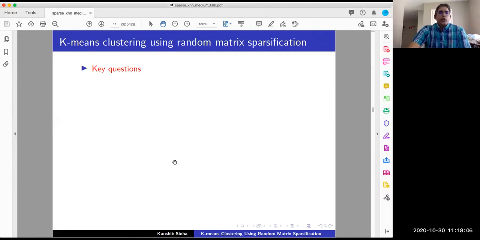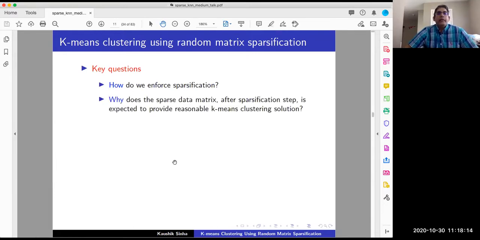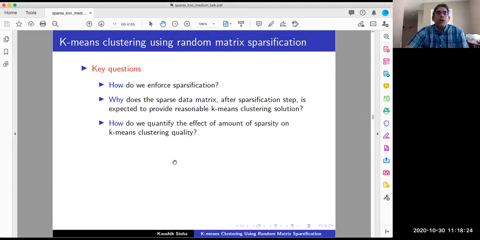Now, there are a couple of key questions. First, how do you enforce sparsification? How do you decide which entries to make zero and which entries to keep as they are? Why is this sparse data matrix expected to provide a reasonable k-means clustering solution at all? And finally, how do you quantify the effect of the amount of sparsity on the k-means clustering quality? Because at the end, that is what we care about.